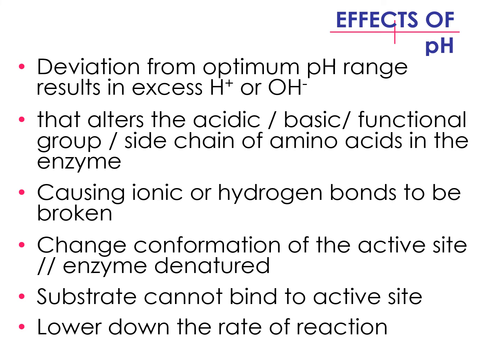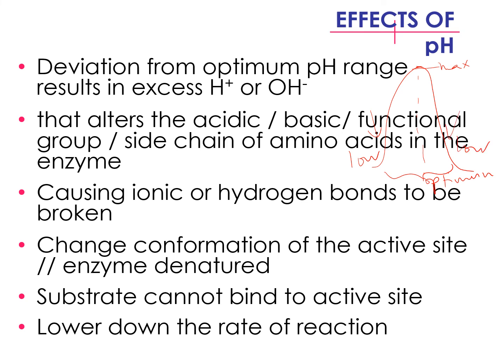Okay, dia deviation maksudnya kalau optimum ni, di sini optimum, jadi duduk di sini. Sorry, ini maksimum. So ini adalah optimum. So kat sini rate of reaction low. Sini low.